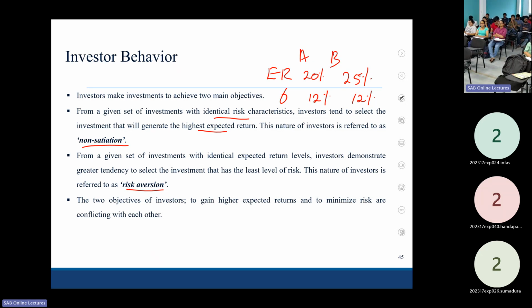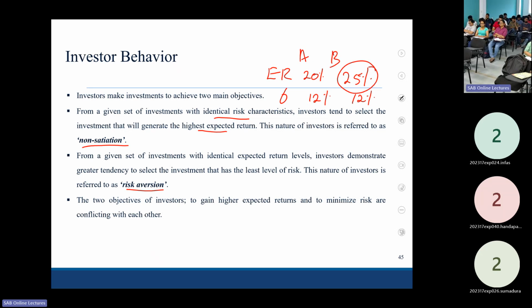In such a scenario, you may go with this one, because when the risk levels are identical, you may select the one which gives the highest expected return.